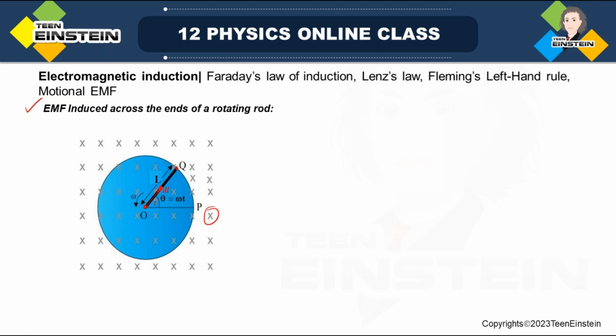You know why this induced EMF is produced in this conductor? This is because when it is moving, it is undergoing a circular motion. There is a linear velocity in this direction, and the magnetic field is into the plane of the paper.